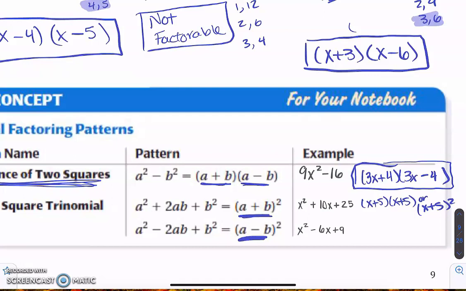So the only difference between these two is this sign in the front. When you have a plus, 5 plus 5 gives you 10. But when you have a minus, it would give you that minus term first. So x squared minus 6x plus 9 would end up being x minus 3 times x minus 3. Or you could write it as x minus 3 squared.